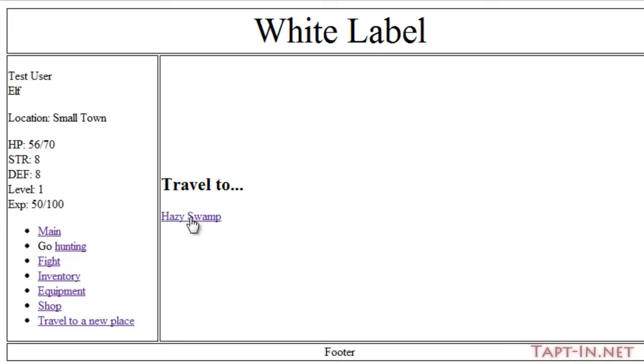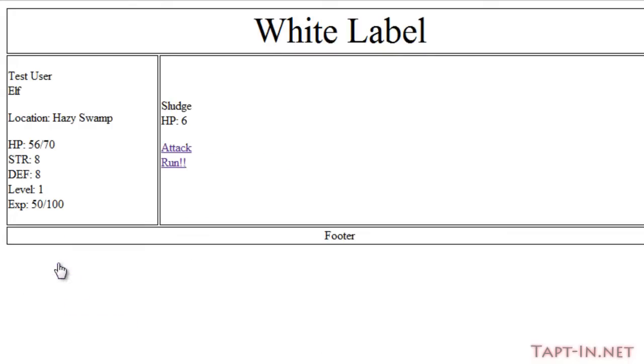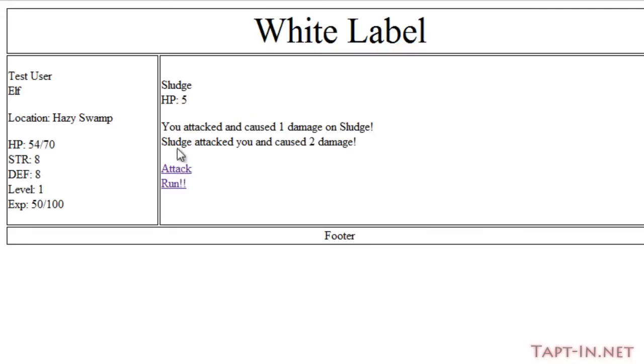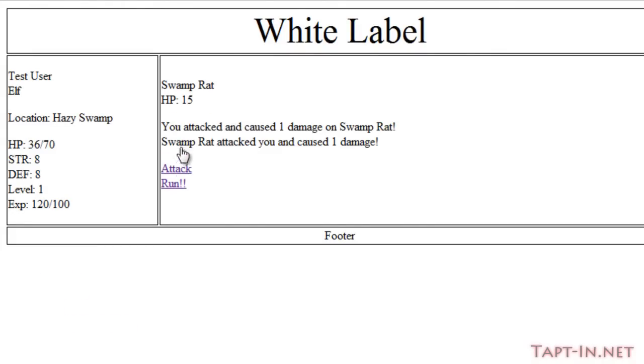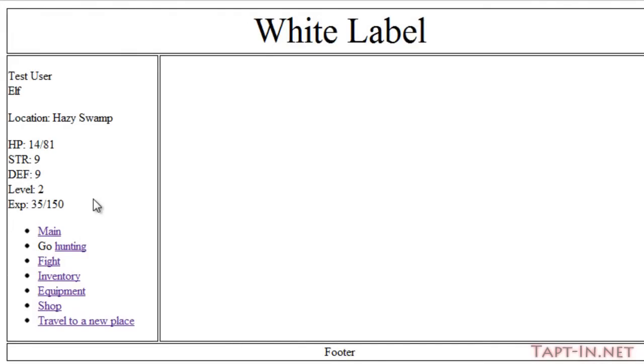So we travel to a new place and we'll travel to the hazy swamp and we'll go fight there, and we're now attacking the sludge. Something's wrong with the EXP because we're not levelling up. Okay, I'll investigate that in a second. And we go fight, and we're now fighting the swamp rat. He gained a level. Bizarre. Right.